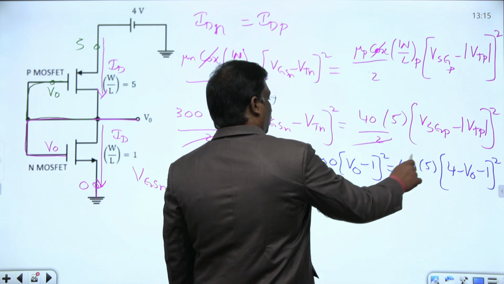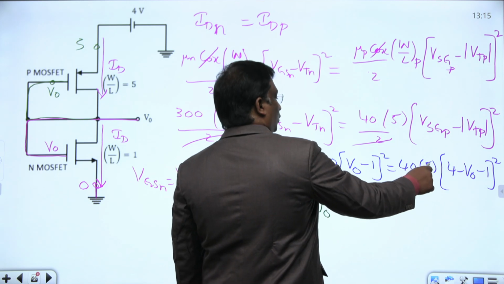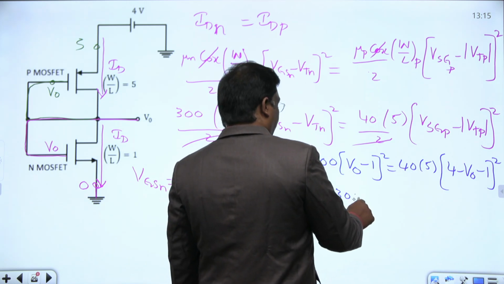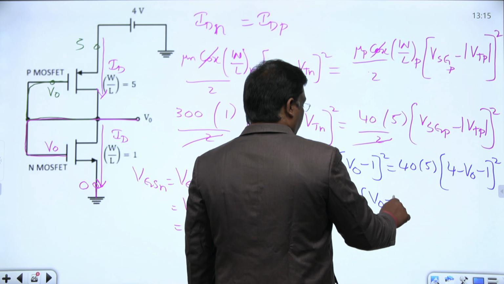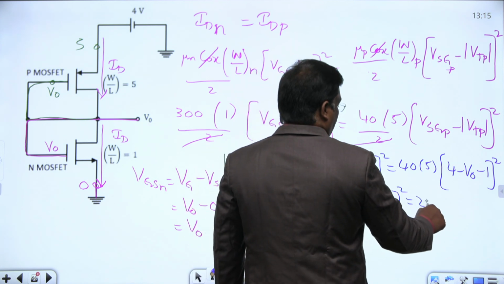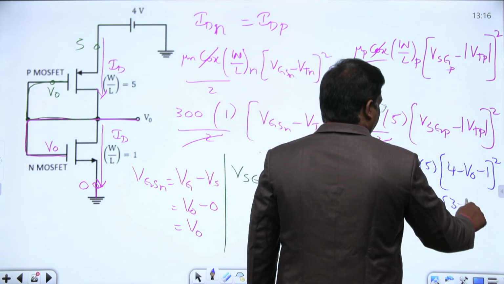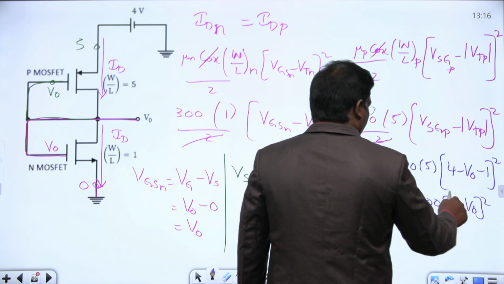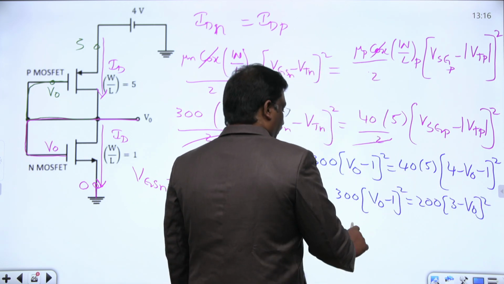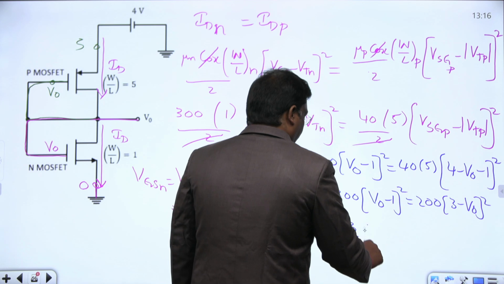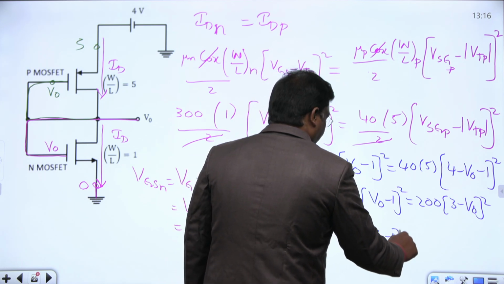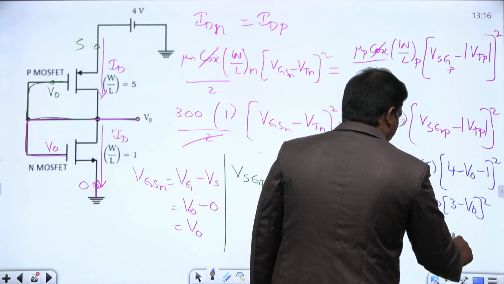Or this is 300 into V naught minus 1 whole square equal to 200 into 3 minus V naught whole square. Okay, 3 by 2 times V naught minus 1 whole square equals 3 minus V naught whole square.